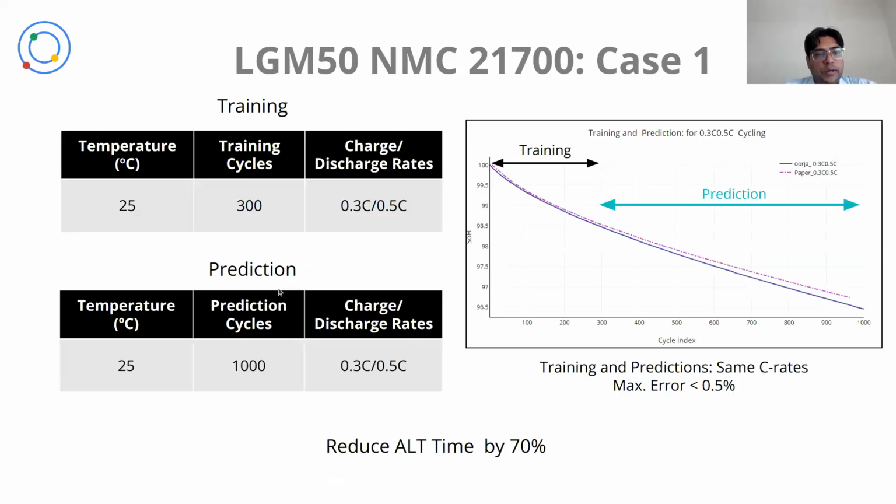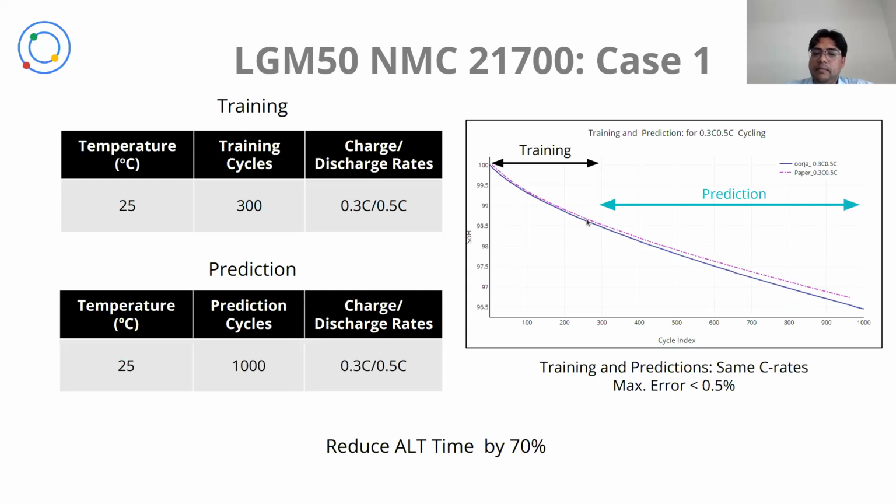Then what we do is we look at the degradation data. So with the accelerated test data, we want up to 300 cycles of training data. Based on this, we further estimate the degradation parameters for the different mechanisms that I mentioned before.